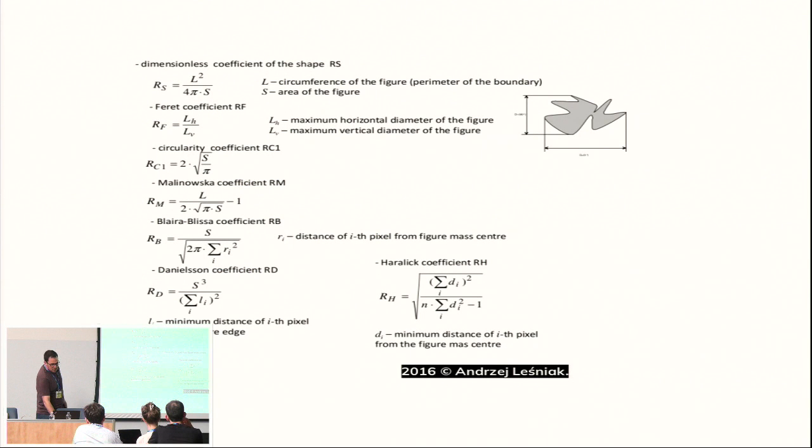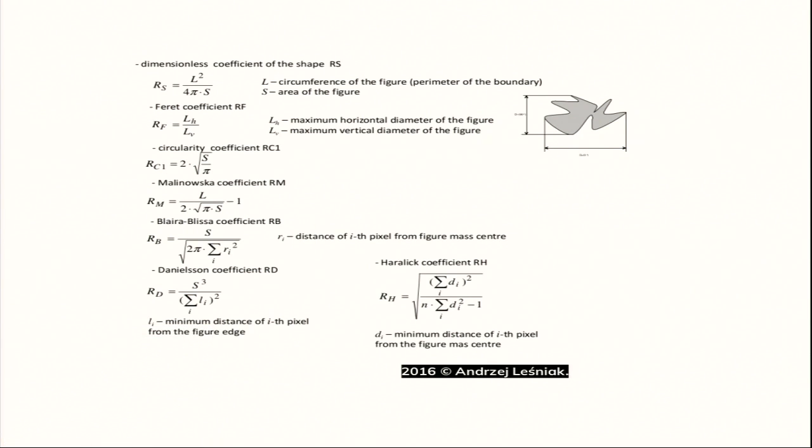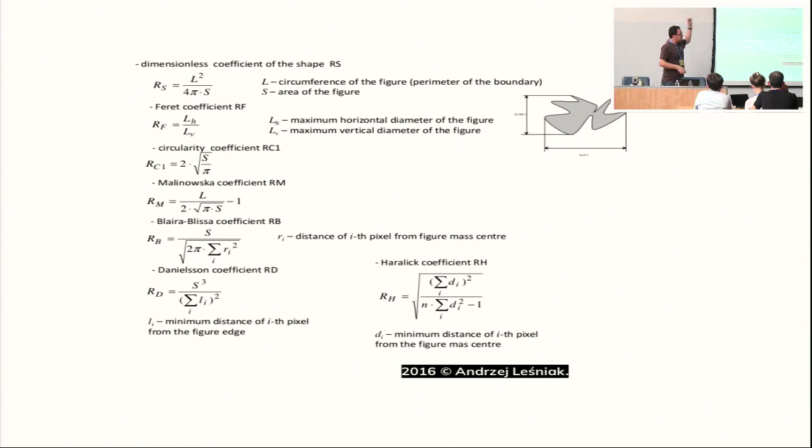We also have several shape descriptors for binary regions, like Feret, Malinowska, and others, and everyone is represented in our algorithm. Malinowska, for instance, is very interesting to us because it returns a very high number when there is more than one track in the region.